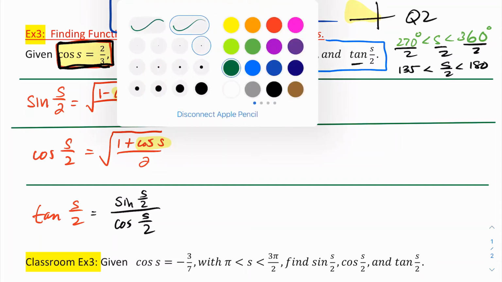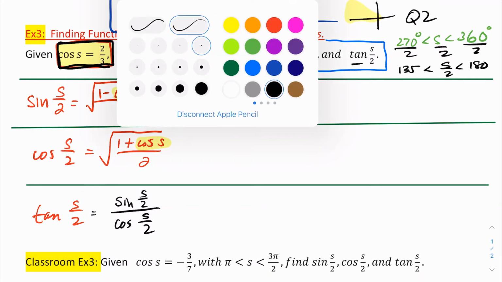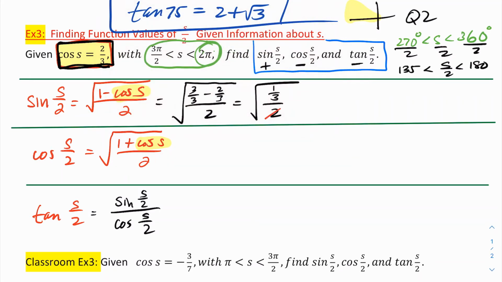All right, so for the first one, I have the square root of 1 minus 2/3, so I'm going to make that 3/3 minus 2/3 over 2, which is equal to 1/3 over 2. Remember that when you're dividing by 2, it's the same thing as multiplying by a half.